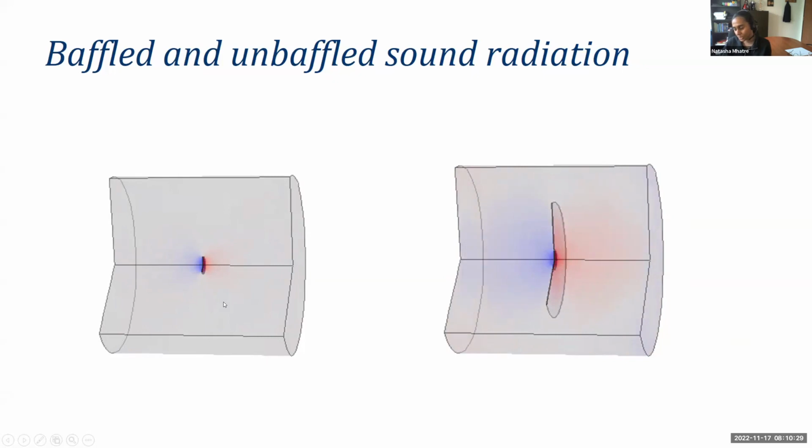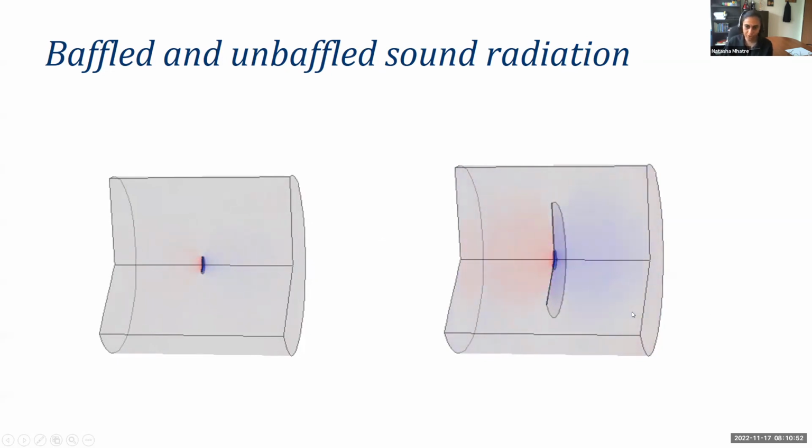You can also ask what it can be when it's vibrating in a baffle. You can change the shape of the piston, you can change the shape of the baffle, you can use different wavelengths of sound, and you can get really good answers for what kind of sound field will come out of this.